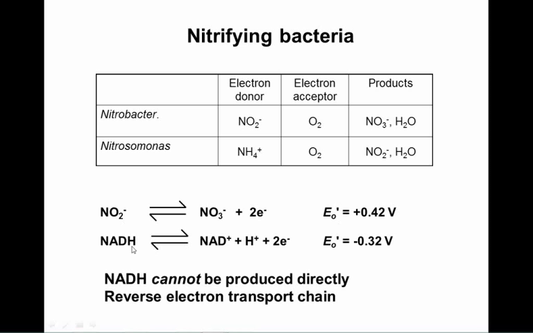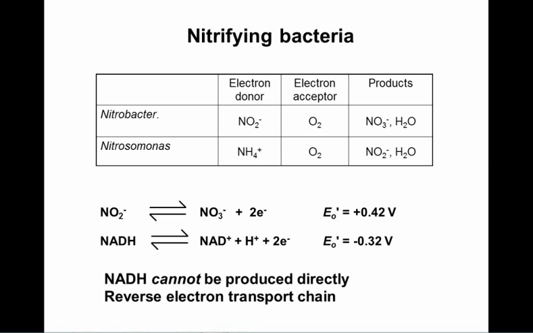So how can you produce NADH from oxidizing nitrite or even ammonium? That's a big problem. So this kind of way for metabolism for electron transport to work is not going to produce NADH for these type of bacteria.